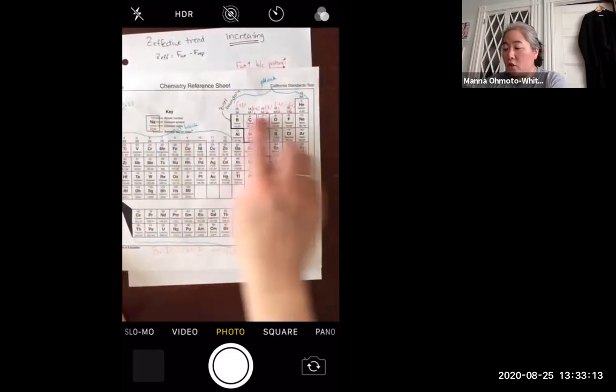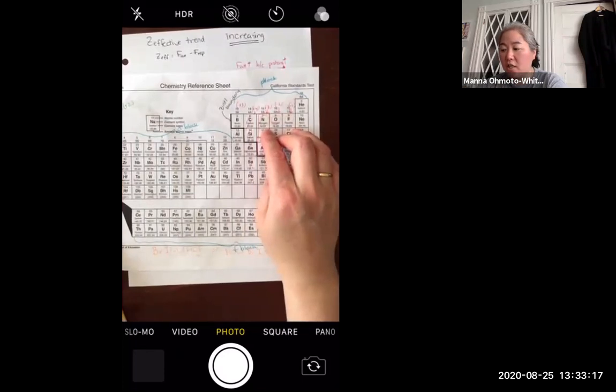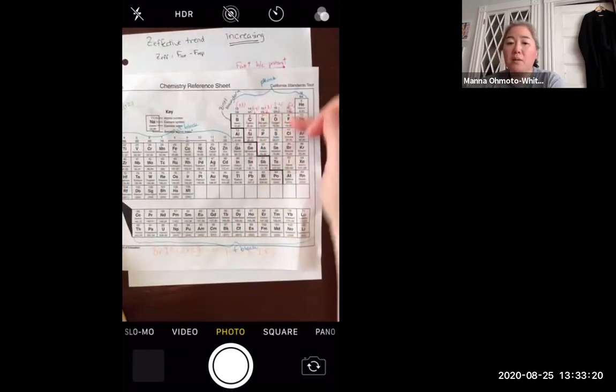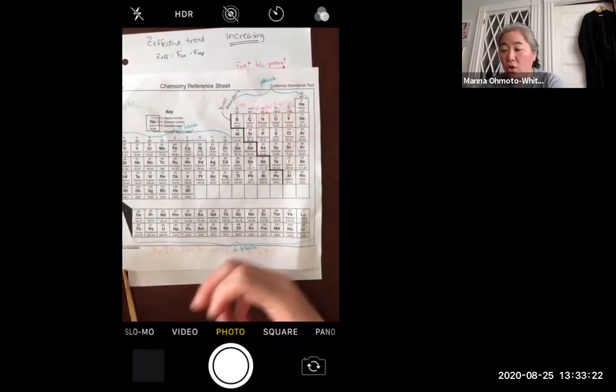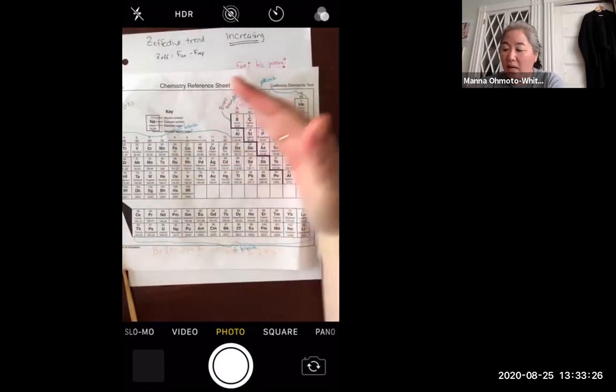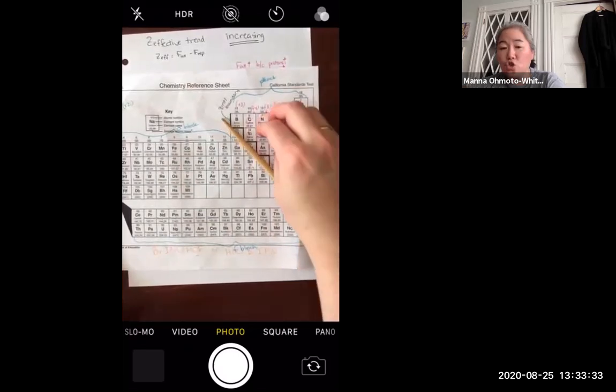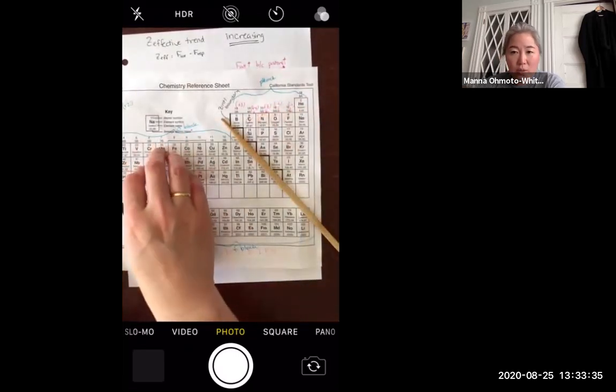So farthest to the right will be the strongest, most likely to become negatively charged ions. Higher up on the periodic table, also stronger, more likely to become negatively charged ions. This is why you have that fundamental difference where you have the Zintl boundary, at an angle, that separates the strong nuclei from the weak nuclei.